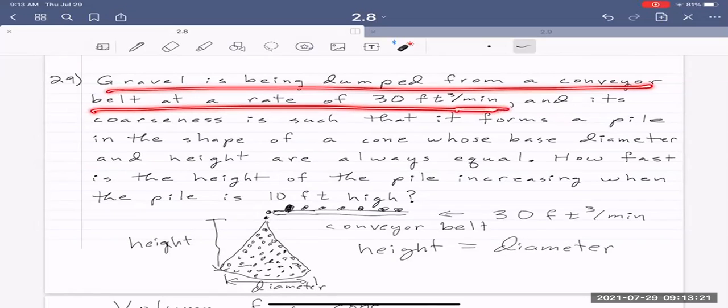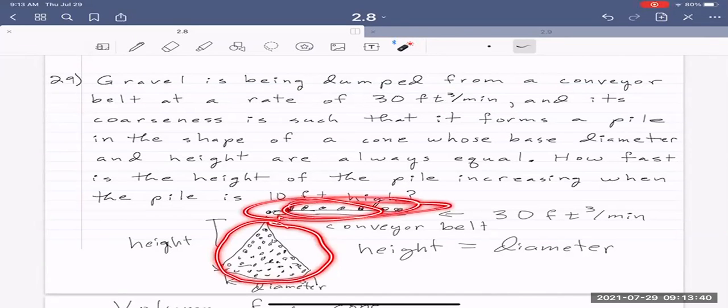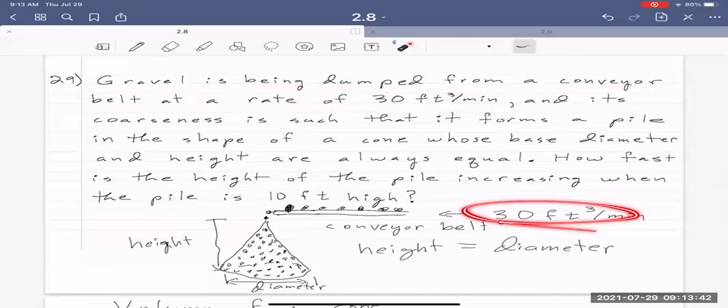The gravel on the conveyor belt is such that its volume is changing at the rate of 30 cubic feet per minute, which means that the volume of this cone is going to be increasing at the same rate as what's being dumped onto it, because you're adding stuff to it.